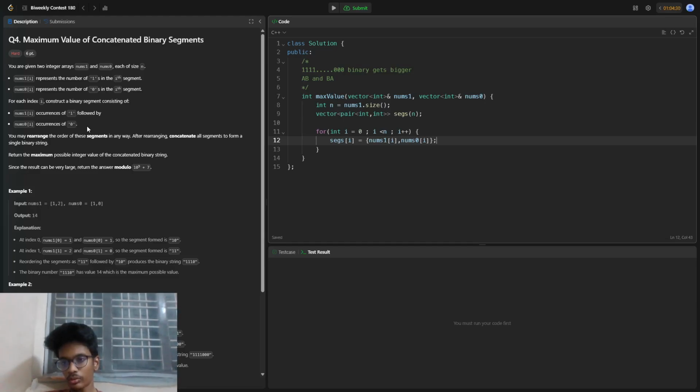Number of occurrences of 1, and nums0 of I represents number of occurrences of zeros.